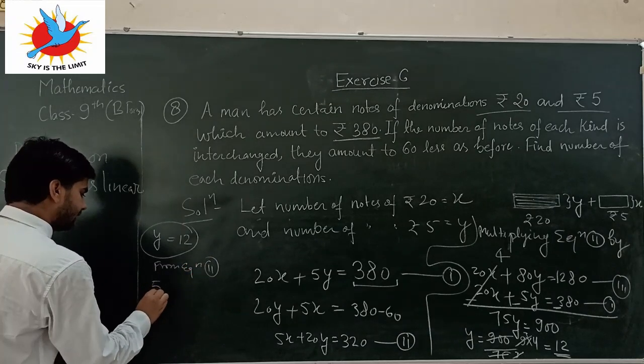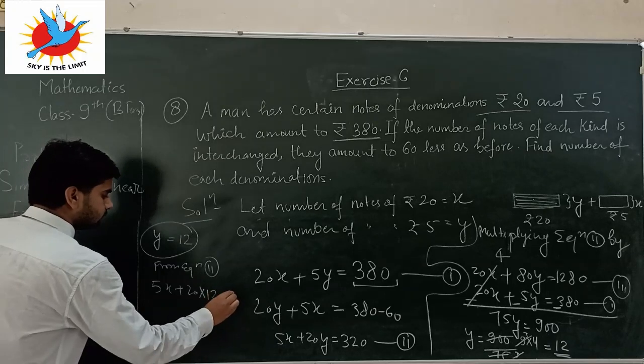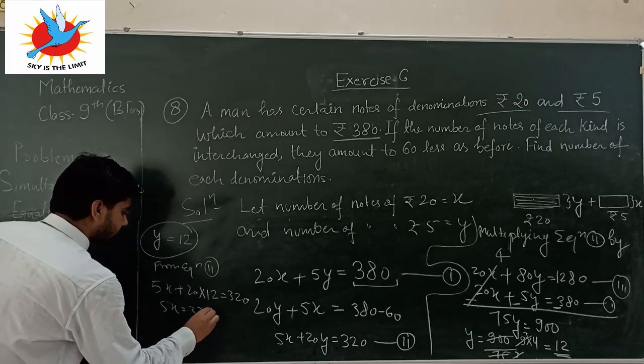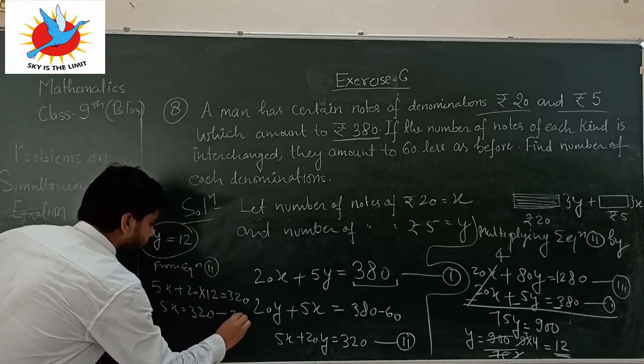Putting the value of y in equation 2, we get 5x plus 20 into 12 equal to 320. So 5x equal to 320 minus 12 into 20, that is 240.